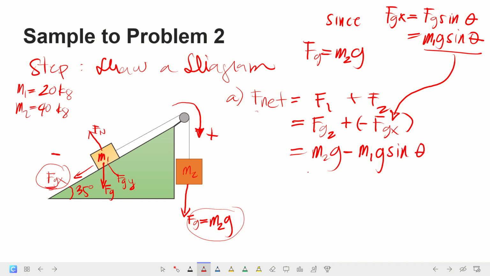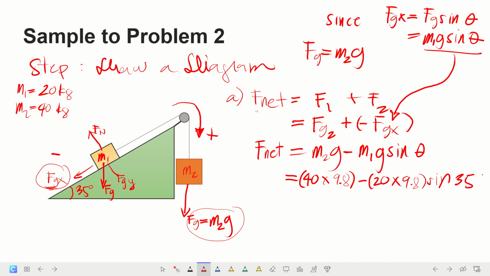Okay, since we now have our equation for the net force, we can substitute the given values. I will drop the units because they won't fit here. Mass 2 is 40 kilograms times 9.8 meters per second squared, minus 20 kilograms, mass 1, times 9.8 meters per second squared, sine of our given angle, 35 degrees.